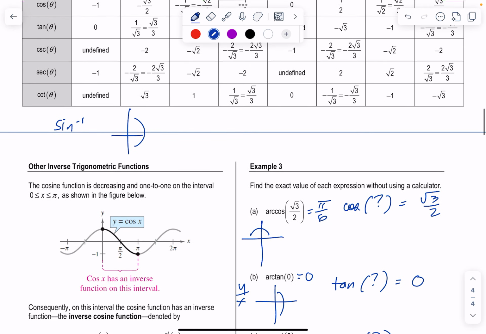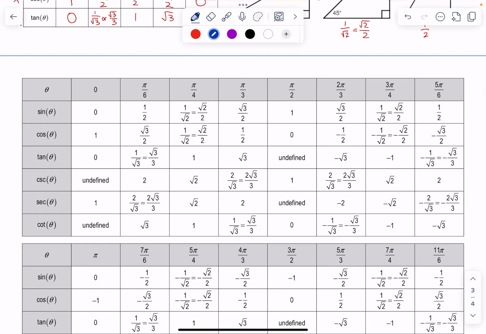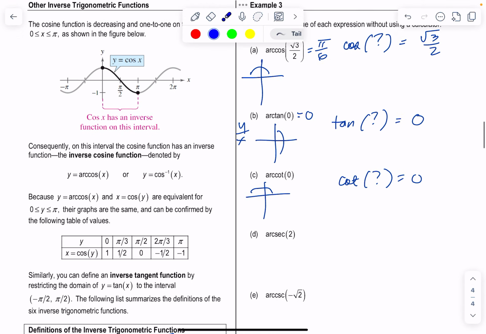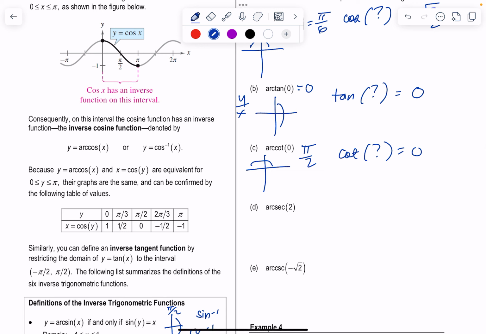If I look at the cotangent over here, the value 0 is at pi over 2. So the answer for this is pi over 2. Or if I look at the unit circle, it is x over y.